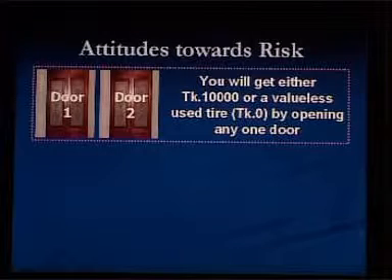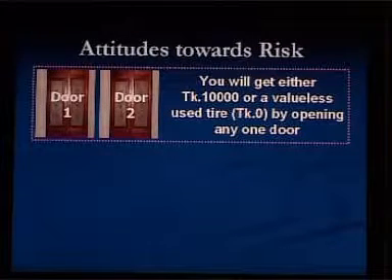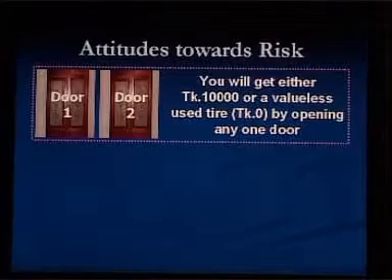You will either get taka 10,000 or get 0 by opening any one door. In most cases, it is observed that the certainty equivalent amount is lower than the expected value of the uncertain option. In the last example, maybe your certainty equivalent was taka 3000, but for other investors maybe it was taka 4000 or taka 5000 or even more than taka 5000.